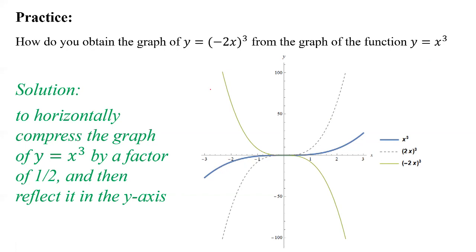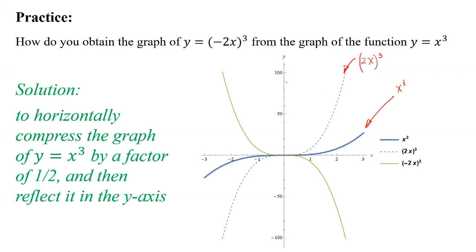Understand? And if we draw a graph illustrating this, this is our original function, x cubed, right? So first of all, we need to compress it horizontally, which we get the function here, right? This is function 2x to the power of 3. And then remember there is a negative sign.